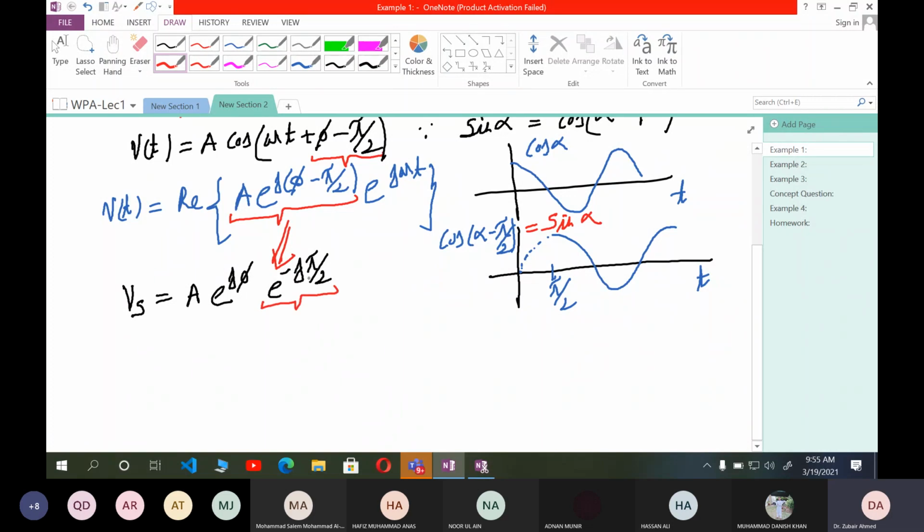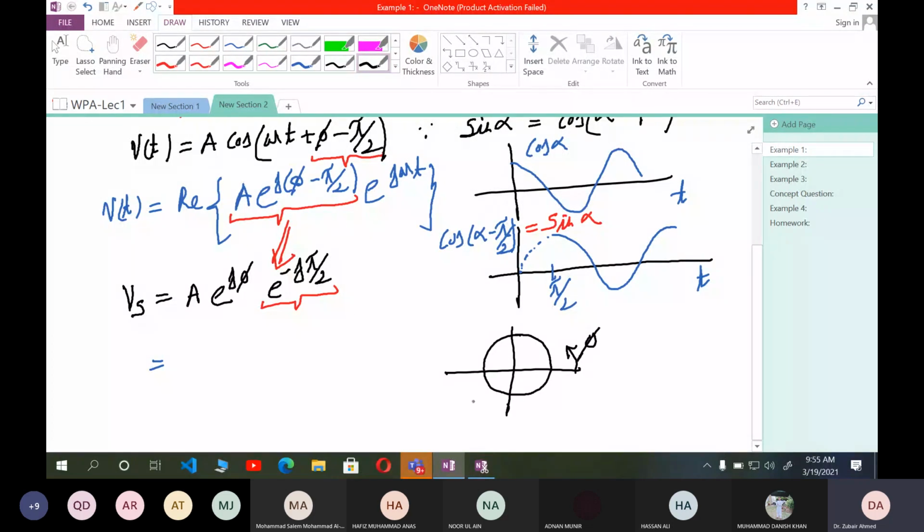What is this exponential of minus j pi by 2 equal to? I told you in the last lecture that you can think of it as a unit circle.